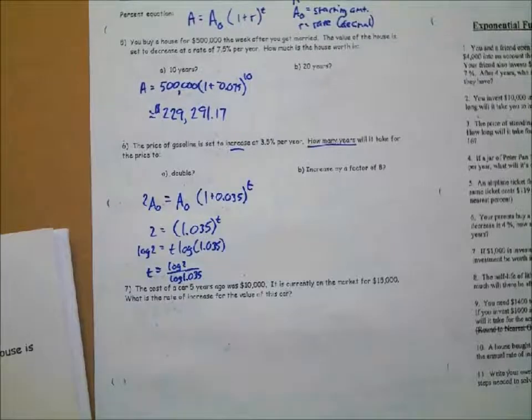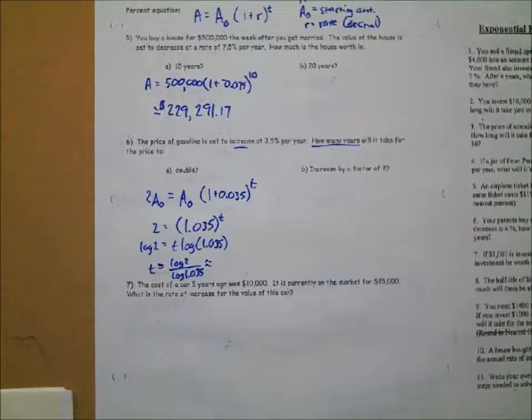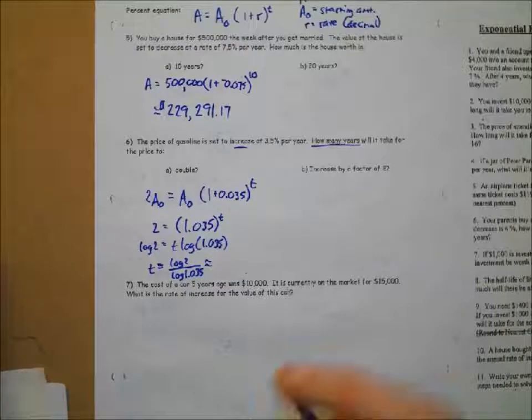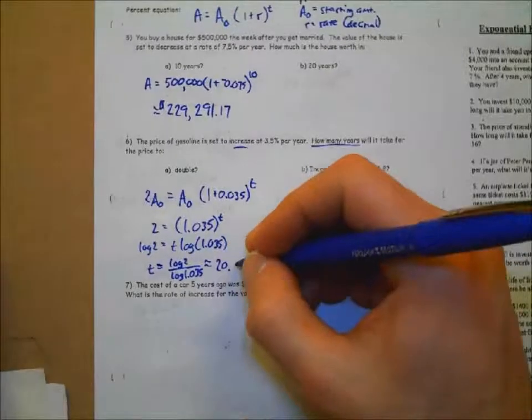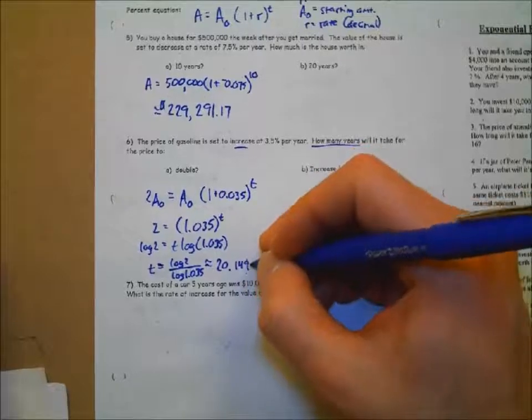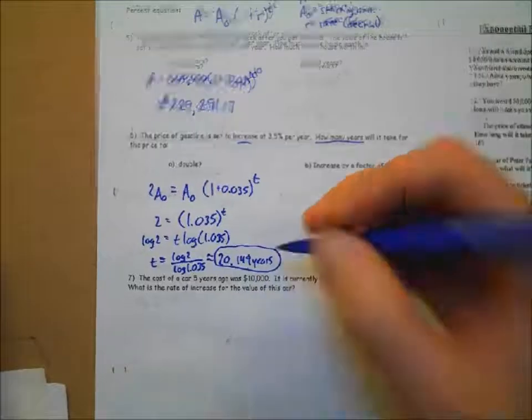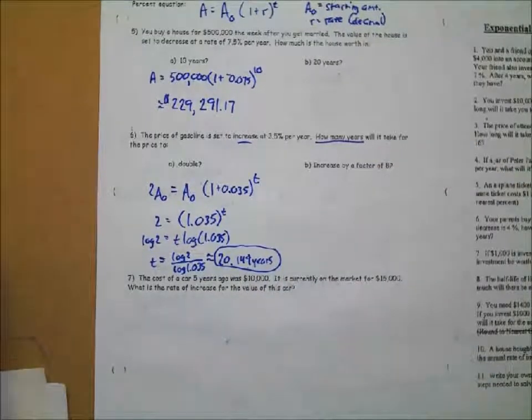So precisely that, which is approximately 20.149, and that's years. So if the price of gas only increases at 3.5% per year, then we expect in about 20 years for the price to double from where it was initially.